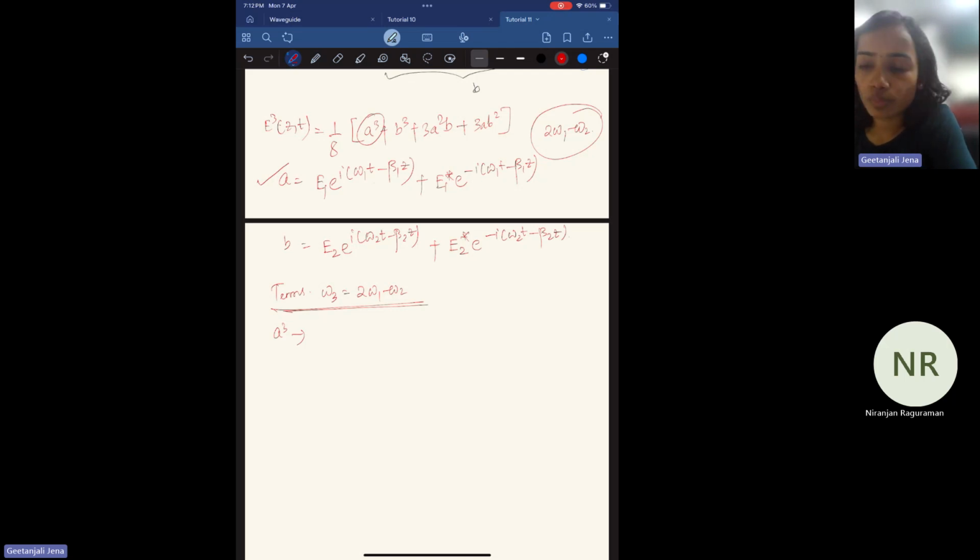Because it is all in omega 1. So that means it doesn't have any omega 3 term. Similarly for B cubed, it has only omega 2 terms, so it doesn't have any omega 3 term either. Now let us see 3A squared B.